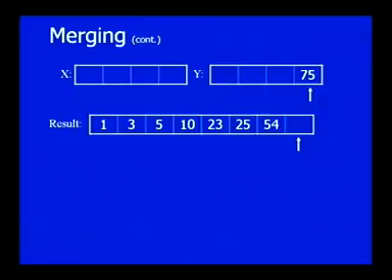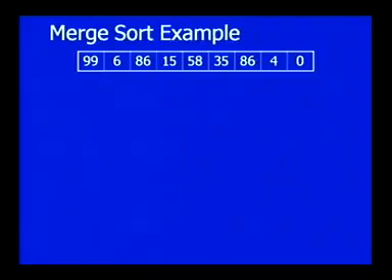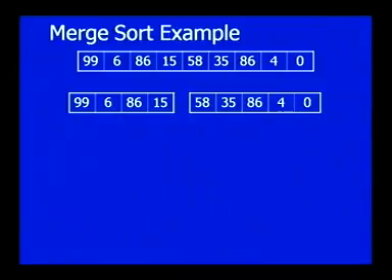You see, first array is exhausted. So, you copy the remaining things to this resultant. So, putting everything together, this numerical example can demonstrate. I am trying to divide the array into 2 equal halves.